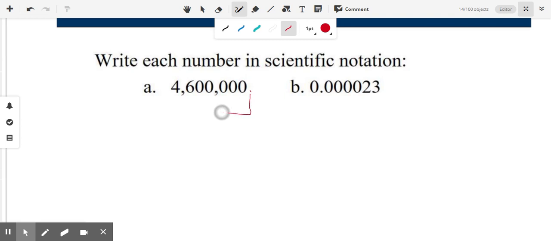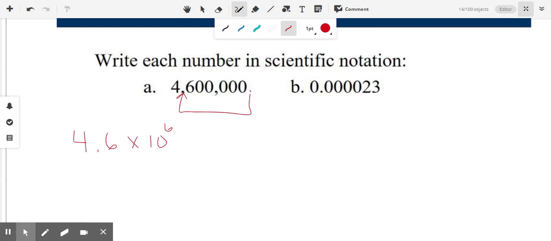So this decimal has to move to right here where that comma is. When I write it, it's going to be 4.6, and then I can drop off all the zeros that trail it. Now, how many times did I move that decimal? This is where I've got to count: 1, 2, 3, 4, 5, 6. I moved it over 6 spots. So that's 10 to the 6th.